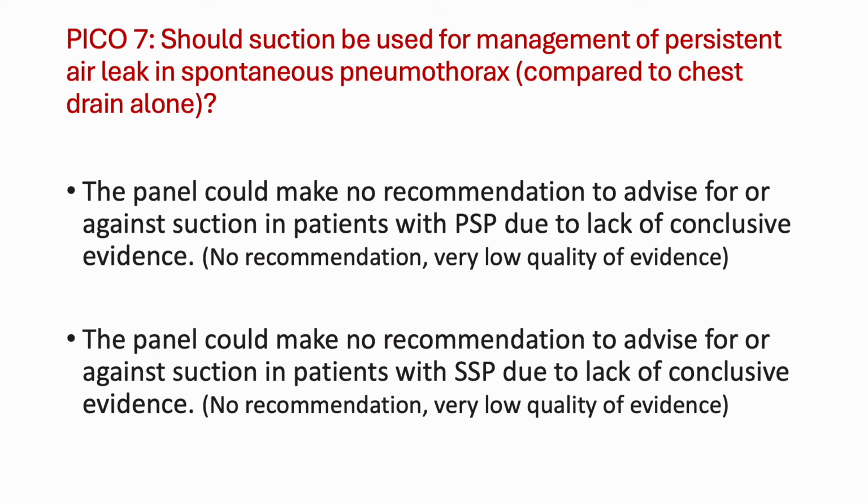They found a single center RCT of 29 patients, which compared standard chest tube drainage with suction, either at minus 10 or minus 20 centimeters water. This RCT did include iatrogenic and spontaneous pneumothoraces, where spontaneous were a little more. So there were around 17 spontaneous and 12 iatrogenic.